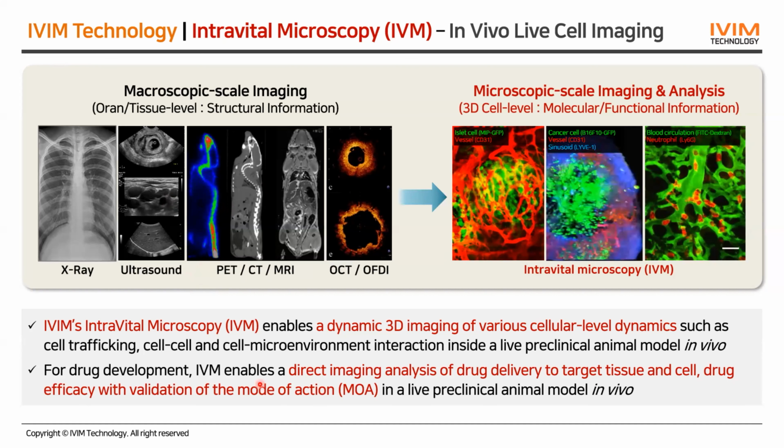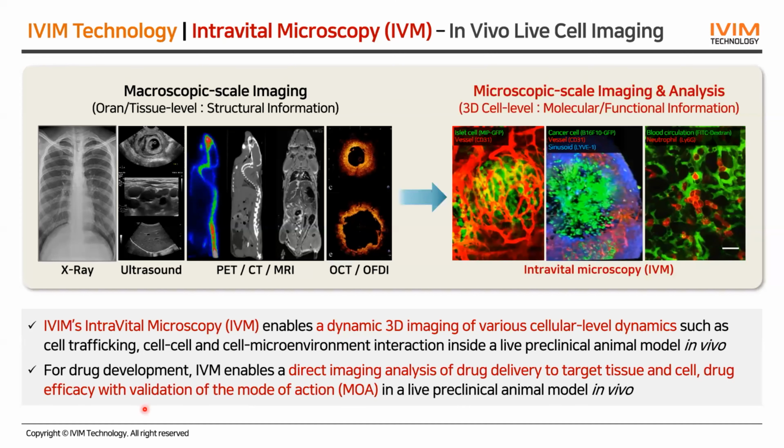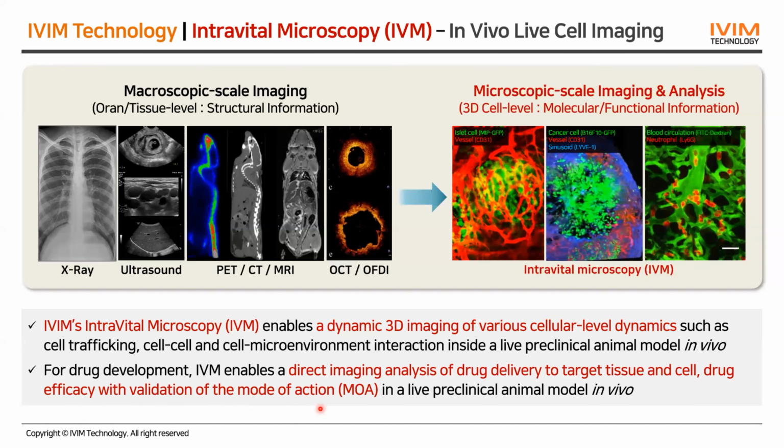So it successfully achieves dynamic intravital live cell imaging, such as real-time cell trafficking, cell-to-cell interaction, and cell-to-microenvironment interaction inside the living body. Furthermore, it can be widely applied to therapeutic research fields, investigating drug delivery to the target tissue, drug efficacy, and therapeutic mode of action validation in various preclinical animal models for human disease.